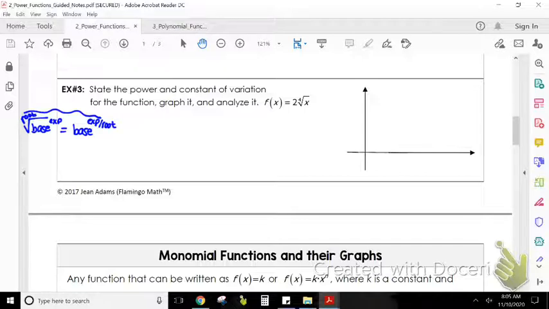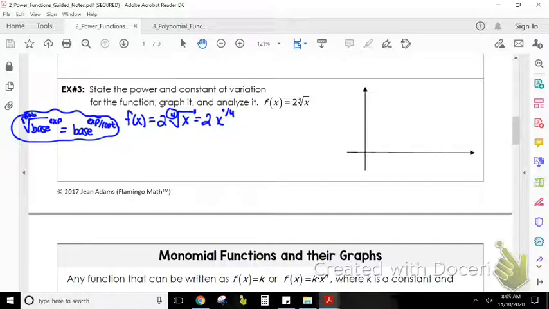So in this case, that f of x equals 2 times the 4th root of x is the same thing as saying 2 times x to the exponent's a 1 over, and the root is the 4th. So it'd be 2 times x to the 1/4.